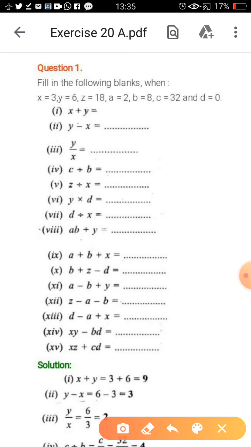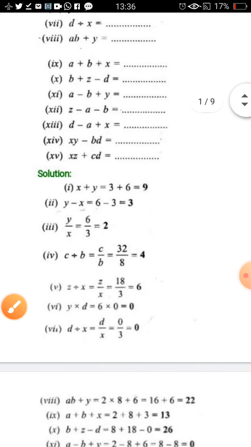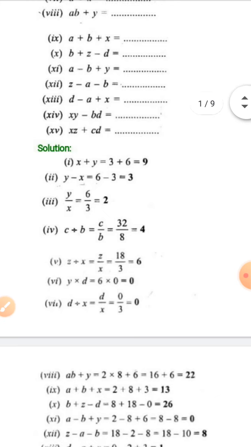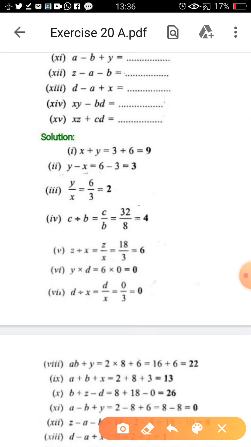Okay, see now, value of c is 32 and value of b is 8. Now we have to put these values here in this example. I have put 32 where c is, then I have put 8 where b is. So 32 divided by 8 is equal to 4. Got it now?